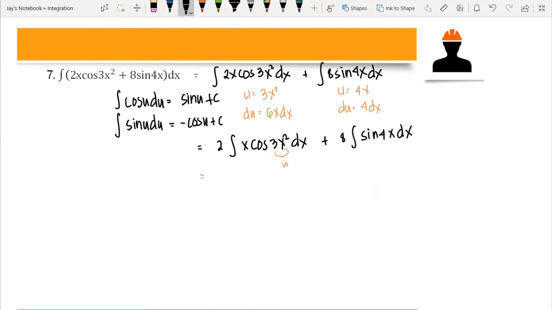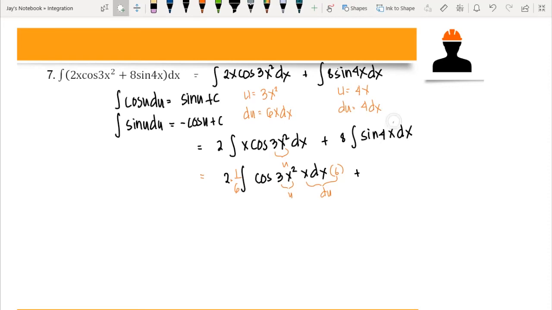So we need to rewrite our equation as 2 times the integration of cosine 3x squared x dx. Again, this is our u. Since our du is 6x dx, we have to multiply by 6 inside the integration so that it satisfies the derivative of u. However, since we multiply by 6 inside the integration, we multiply 1 over 6 outside of the equation. Now in the second term, we have plus 8.